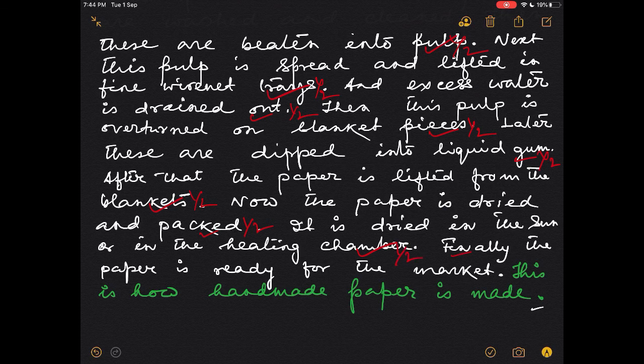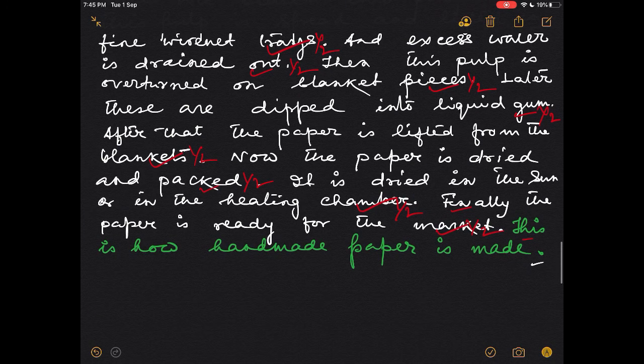And finally the paper is ready for the market, so it is half. And this one is the conclusion, and this is 1. So what is your score actually now? You have got 12 half marks, half into 12, that is 6. For introduction you have got 1, and for conclusion you have got 1. So you have got 8.